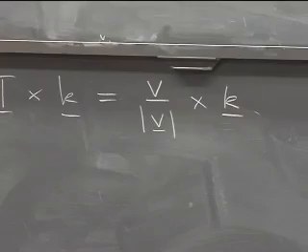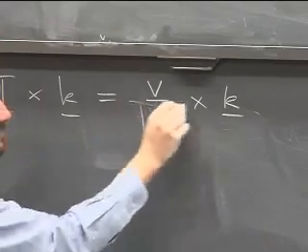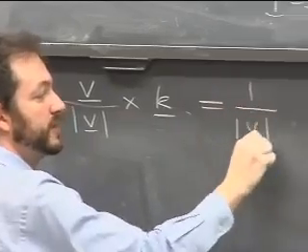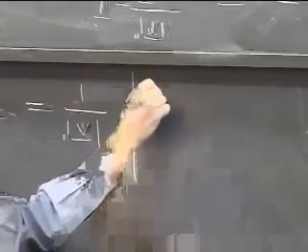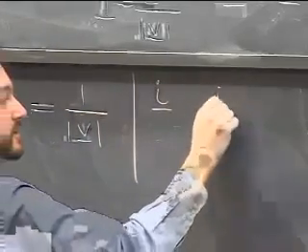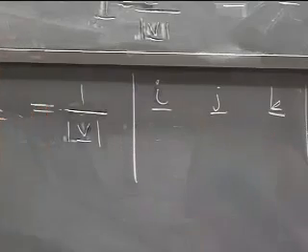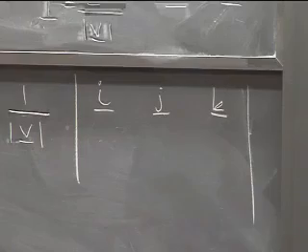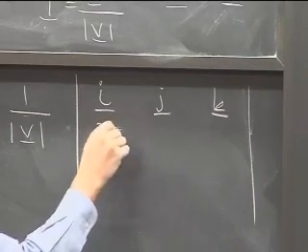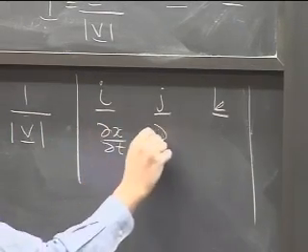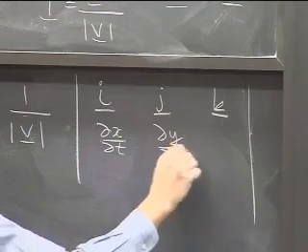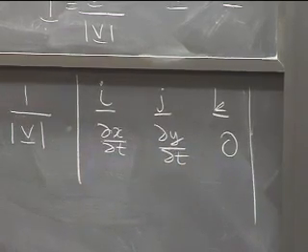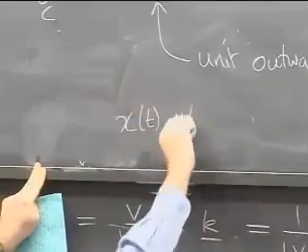And if you remember in our parameterization, this is 1 over |v|. I'll just pull that out. And I'll set up the determinant for the cross product. i, j, k. The velocity vector had components dx/dt, dy/dt, but the k coordinate is 0 because I'm taking a parameterization of this curve x(t), y(t) in the plane.